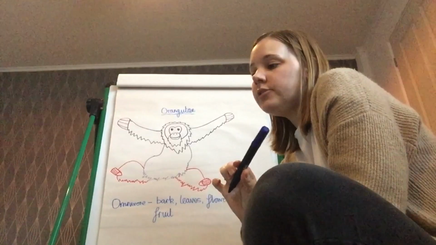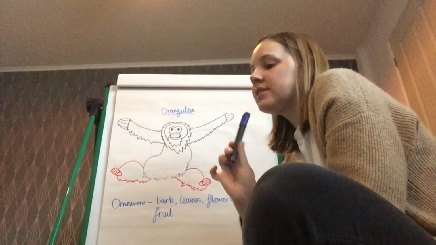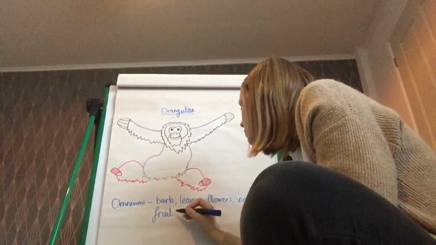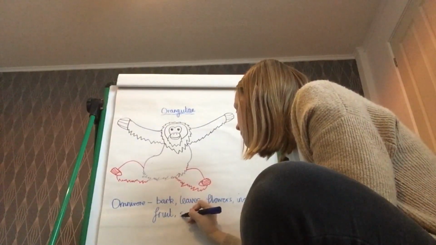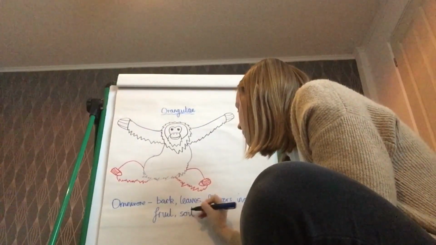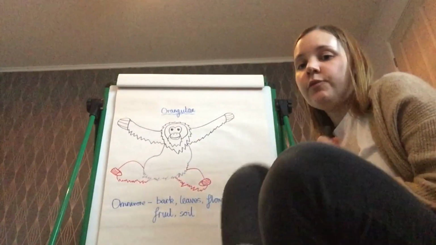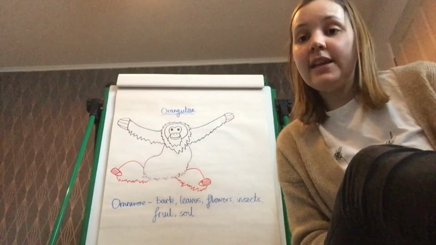And also it says that they sometimes eat soil to get the minerals that they need. So I'm going to put soil on there as well. Okay, and those are the different foods that my orangutan eats.